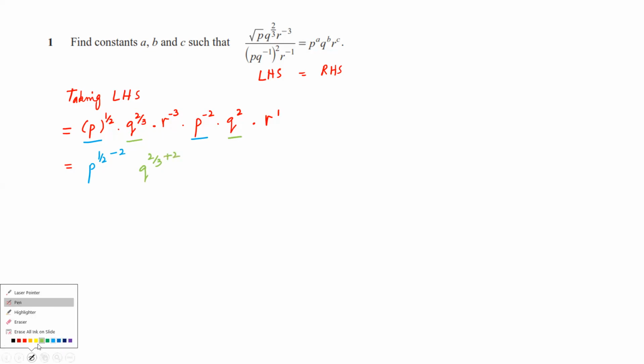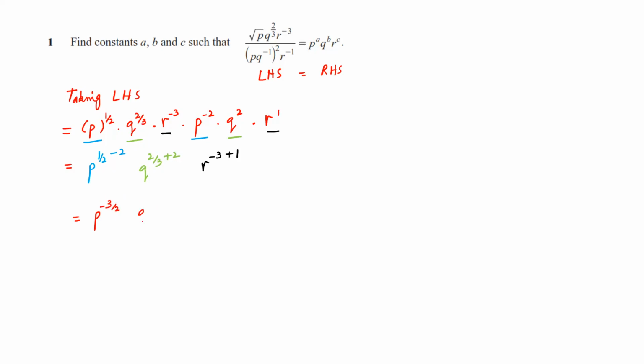For R, we have R power minus 3 plus 1. Simplifying, we are left with P raised to power minus 3 by 2, Q raised to power 8 by 3, and R raised to power minus 2.